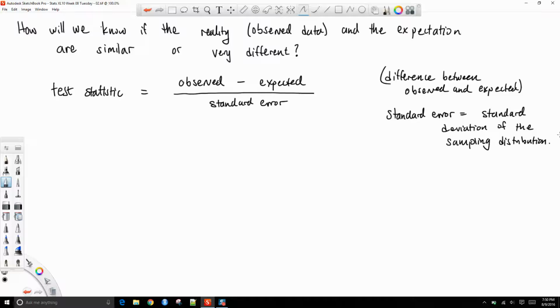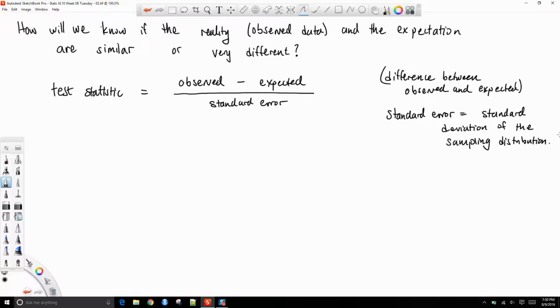Yeah, I hope. Okay, what's the sampling distribution again? The standard error is the standard deviation of the sampling distribution. And what's the sampling distribution? This is what we talked about last week. It's the distribution of all possible sample statistic values, right, for a given population. If we're talking about proportions, it's the distribution of all the different possible p-hat values we can get, okay? Everything kind of builds on each other, right?